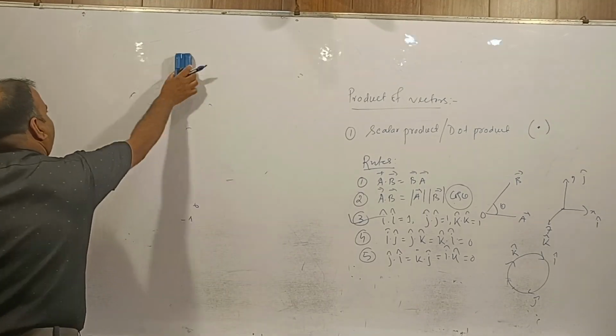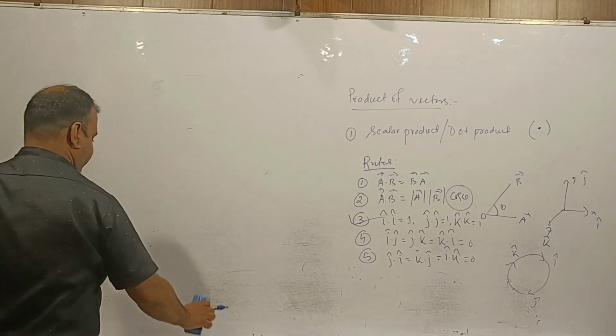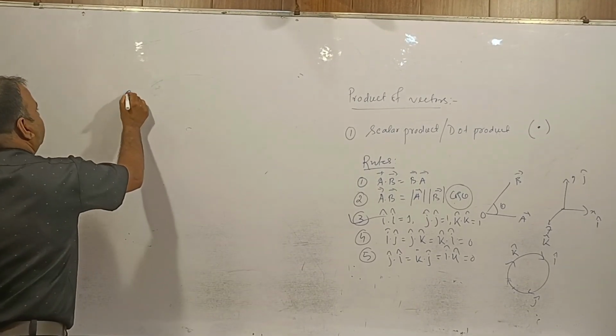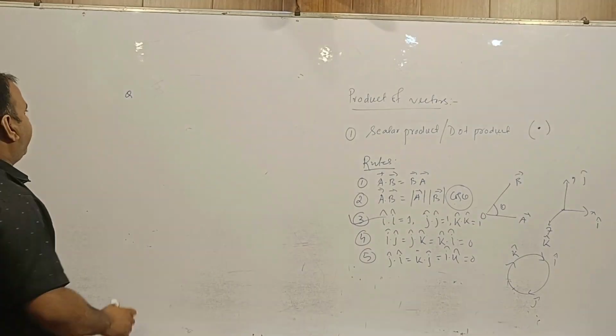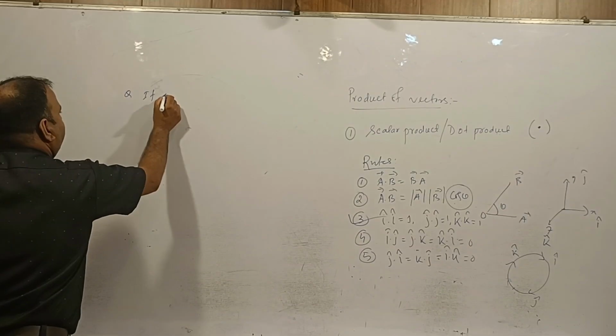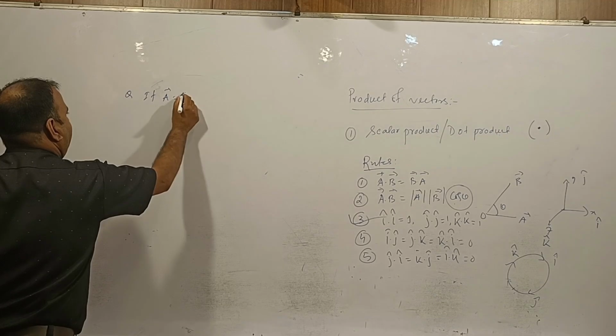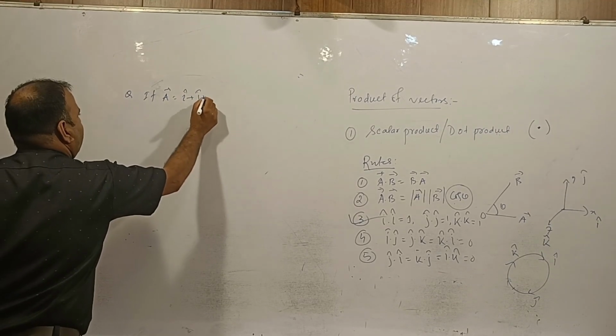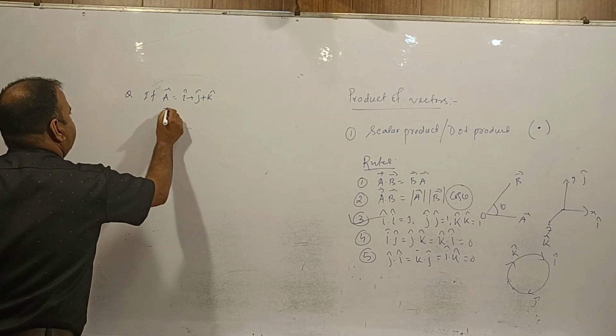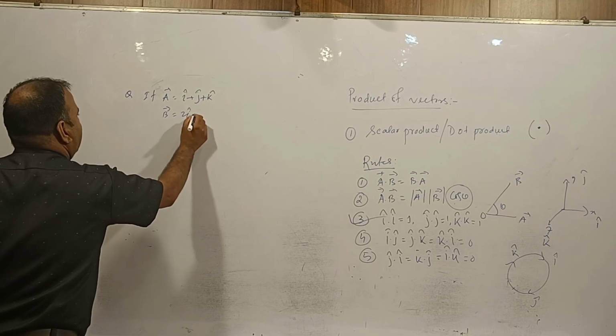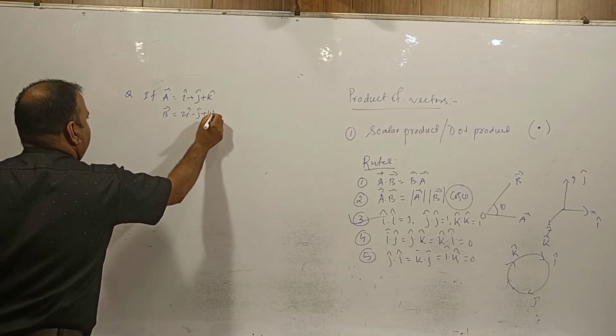Suppose one question is given to you. If A is a vector, given i cap plus j cap plus k cap, and B is a vector, given twice i cap minus j cap plus 4 k cap.